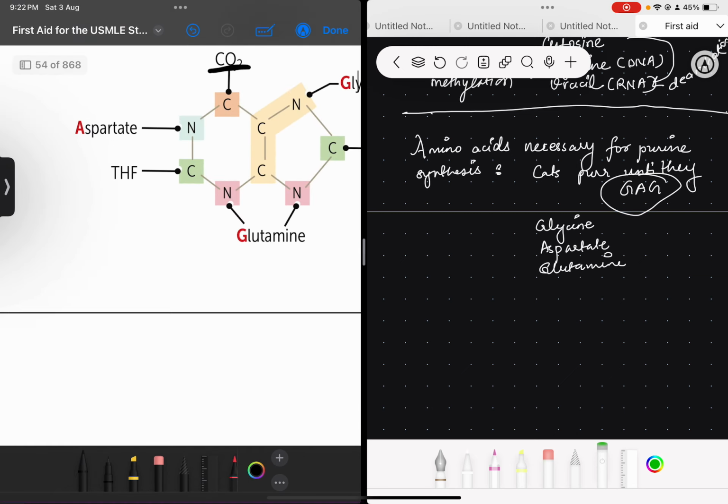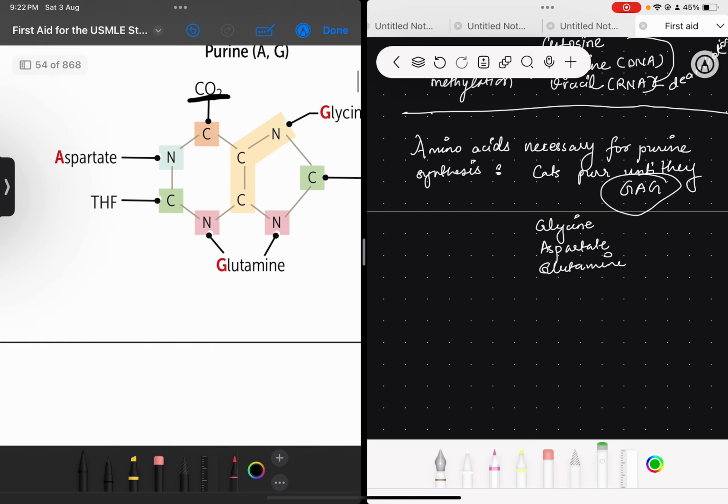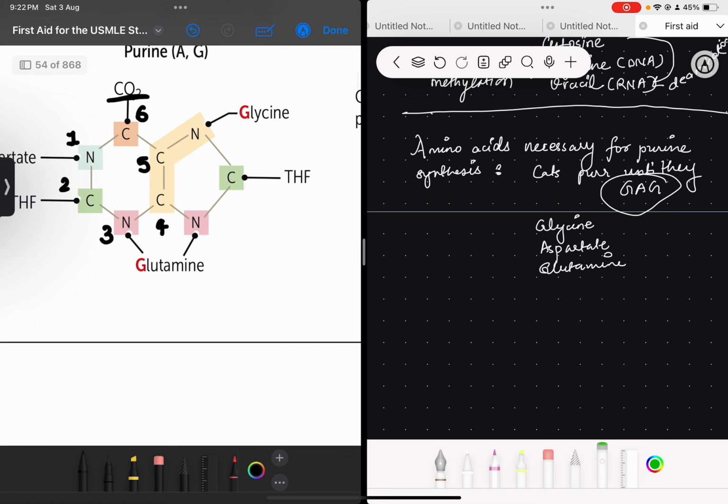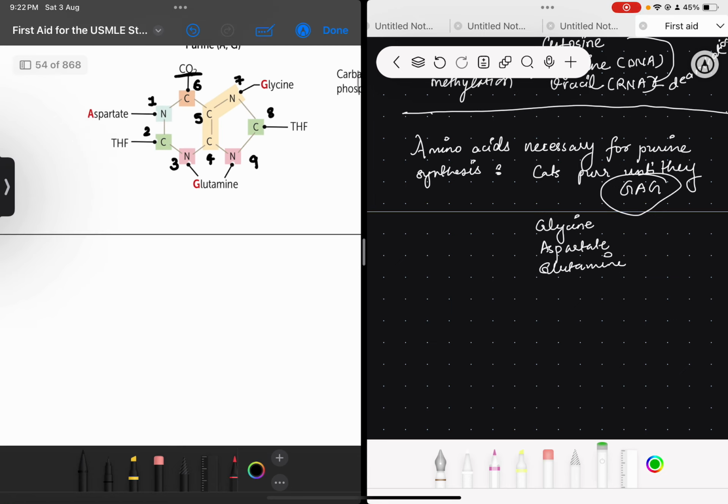So we are going to number it. Let's see first. From here, aspartate 1, 2, 3, then 4, this is 5, this is 6. So one ring is complete. Now 7, 8 and 9. So I'm going to write here that 1 nitrogen is going to come from the aspartate.